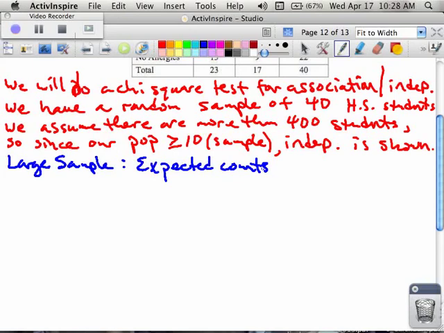So for our expected counts, we have females and males, and we had allergies and no allergies in our table. And so for the females with allergies, that would have been 10.35. For the males, it was 7.65. For the no allergies females, it was 12.65 and 9.35.